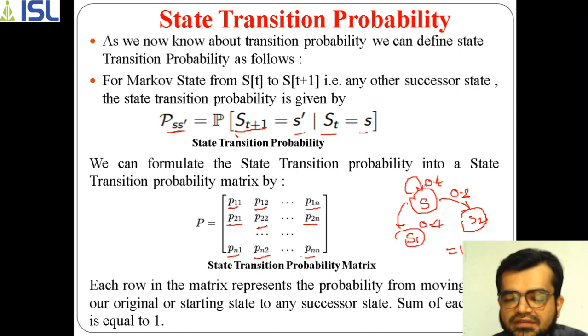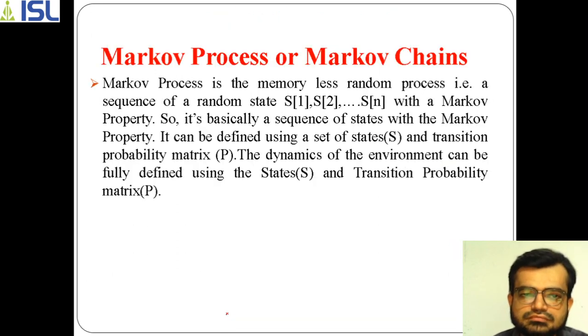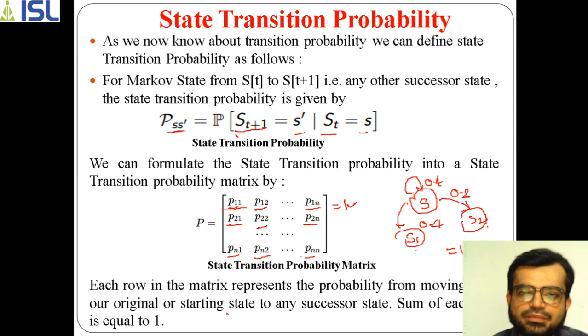So 0.4 plus 0.4 plus 0.2 gives you the value 1. This is P11, this is P12, and this is P13, so overall this gives 1. That's why the sum of each row is equal to 1. This is my row, and this row will give you the value 1. So you need to remember that. Now this is about state transition probability.